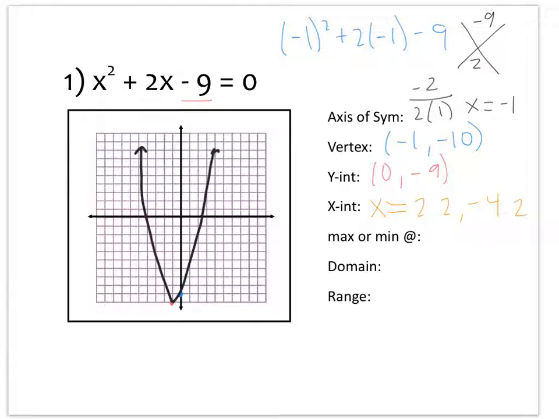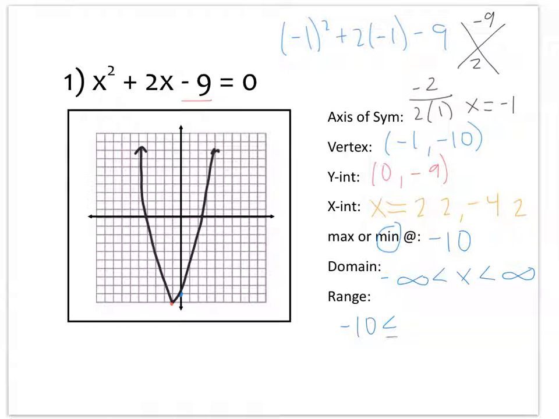Now let's answer a few more questions about this parabola. We have a minimum at the y-coordinate of our vertex, which would be -10. Our domain is all reals, so x is between -infinity and +infinity. And then for our range, our parabola opens up, so we know we're going to +infinity, and the lowest value is the y-coordinate of our vertex.